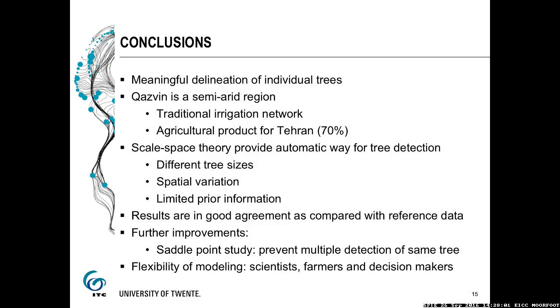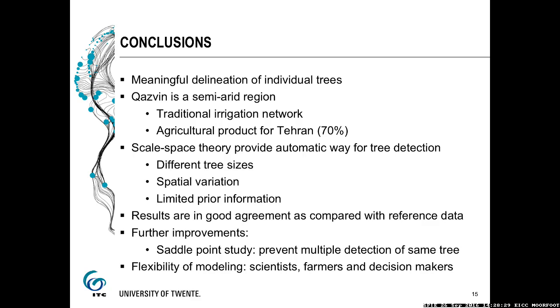We can say this is really at the edge of modern remote sensing, to detect individual trees in orchards with three different sizes, different spatial variation, and also with limited prior information. And the results are in good agreement as we compare them with the reference data.